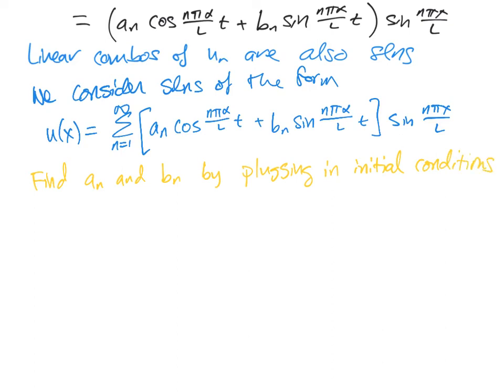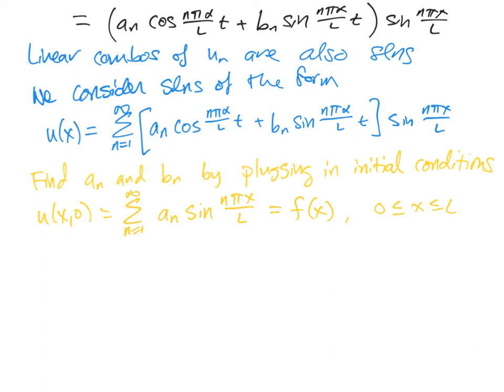So if we plug in u of x,0, so t equals 0, that's going to kill off the sine term, and the cosine part will be 1, so we'll just be left with the sum from n equals 1 to infinity of an, and then the part outside of the bracket, which we've left alone because x is still x, so we get an sine n pi x over L. So that looks familiar. And we need this to equal f of x, for x between 0 and L.